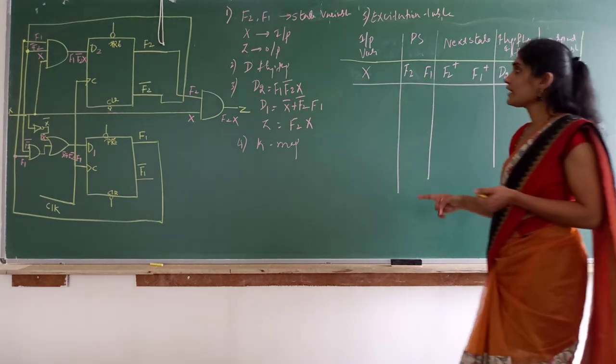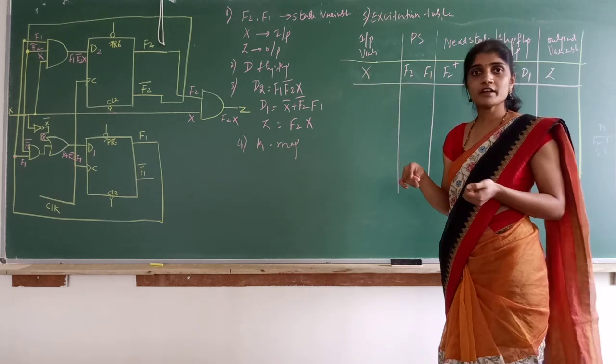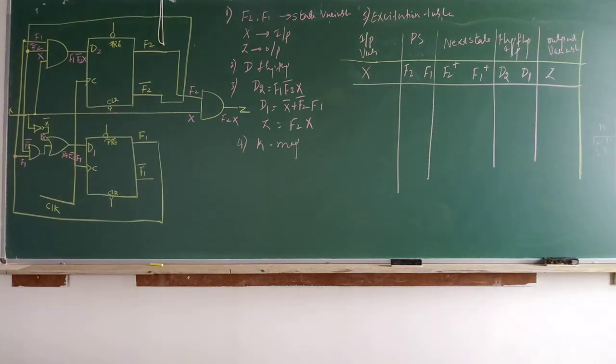So how many variables do we have? 3 input variables. So how many different combinations? Can you see the table?